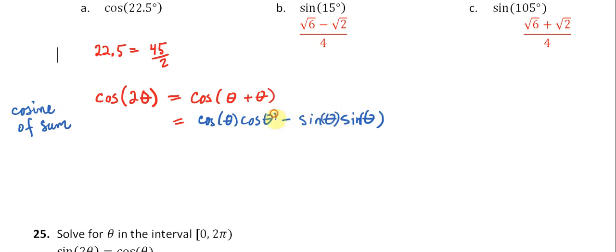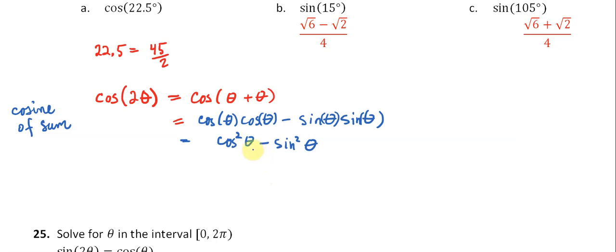I really should have parentheses around all these thetas. And then that simplifies to cosine squared theta minus sine squared theta. And I know that right now this looks kind of like the Pythagorean identity, but it's not quite, right? If this was a plus 1, then we would really have something here, but it's not quite.